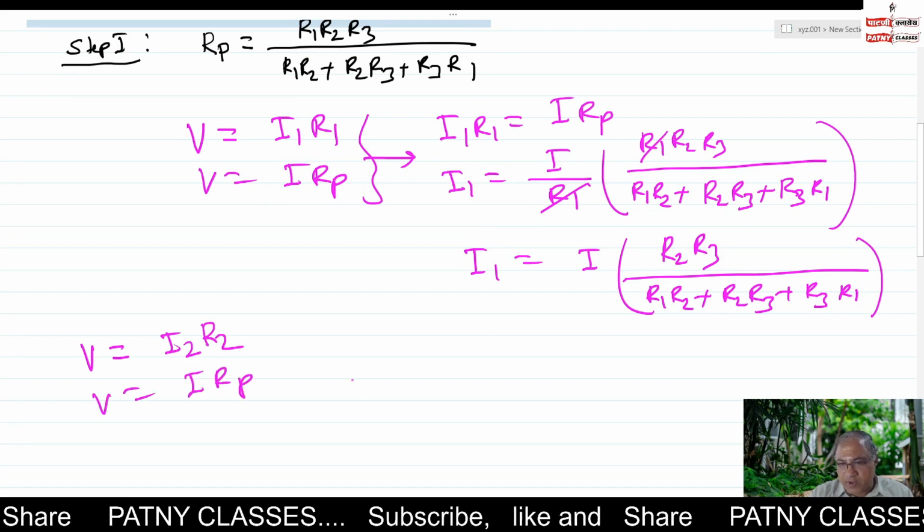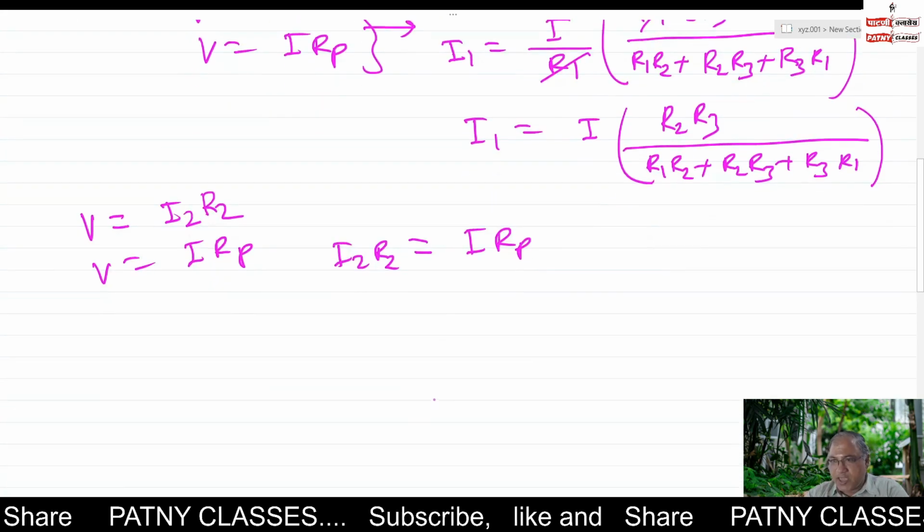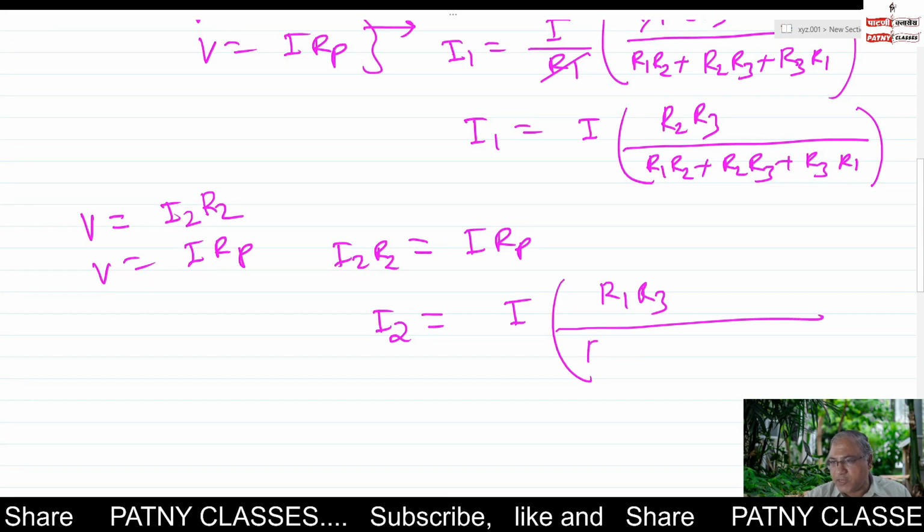So we write I2 R2 equals I into Rp. By doing as above, we easily get I2 equals I into R1 R3 in the numerator, as R2 will not be there now. The denominator is the same, R1 R2 plus R2 R3 plus R3 R1.